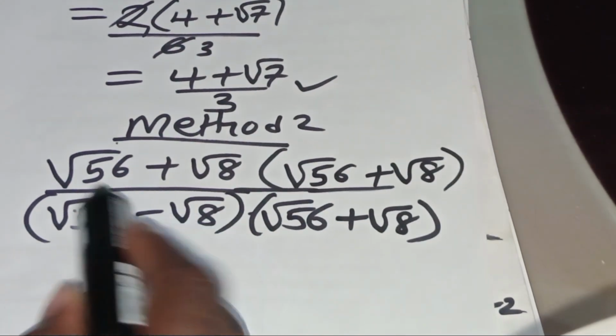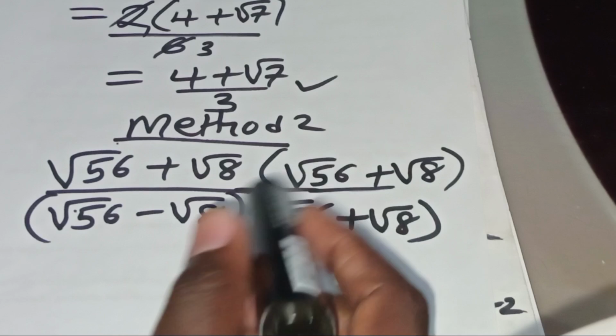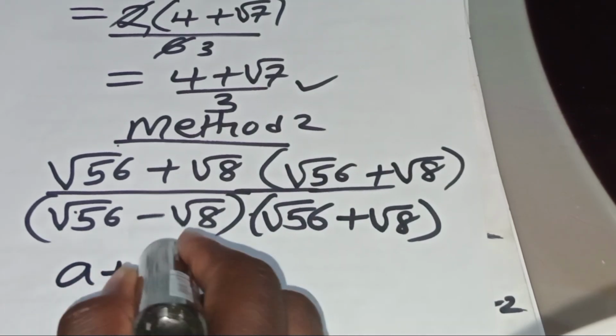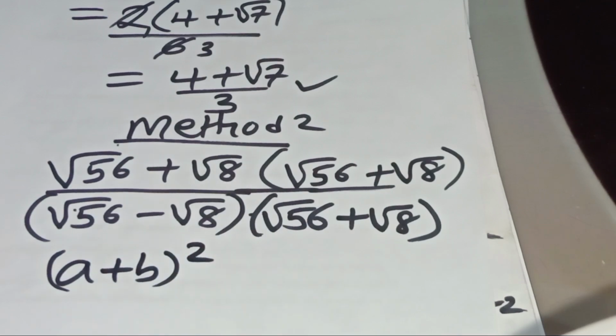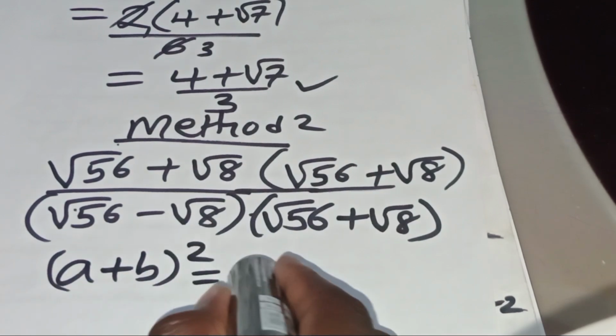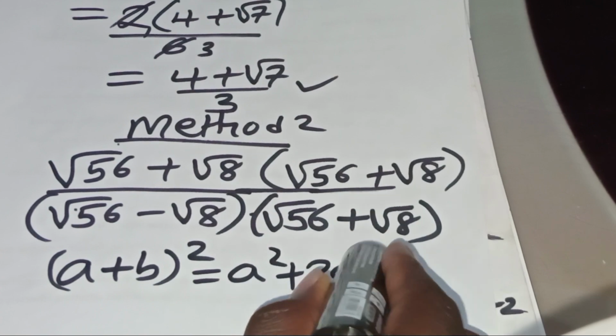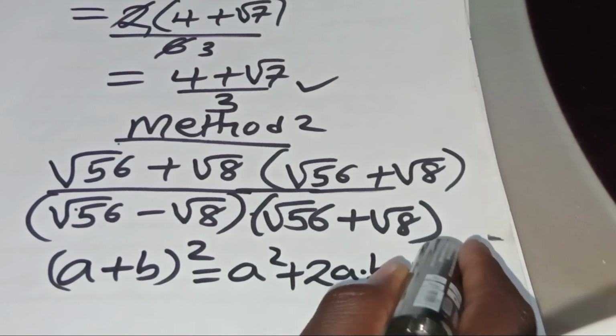Now, as you can see, the numerator is in the form of a plus b squared, which we can express as a squared plus 2ab plus b squared.